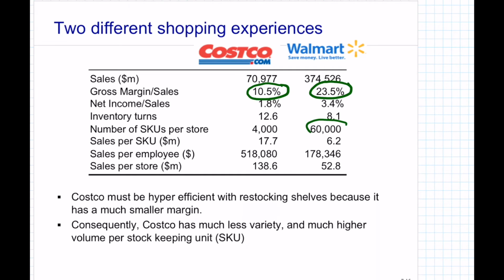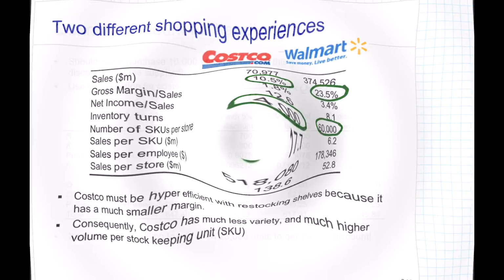Number of stock keeping units at Walmart is 60,000 and at Costco it is just 4,000. But if you look at inventory turns, Costco has 12.6 and Walmart has 8.1. So obviously, Costco has to be very, very efficient when they are restocking their shelves because they have very thin margins. So, very different approaches.